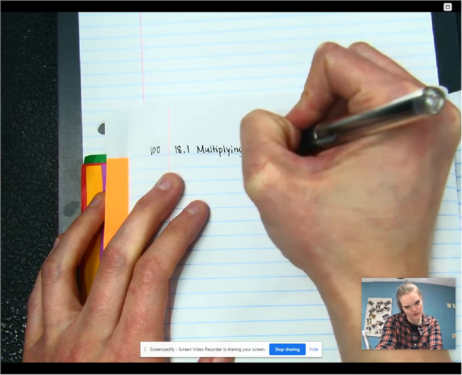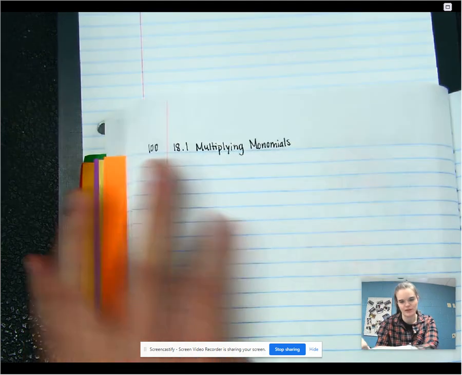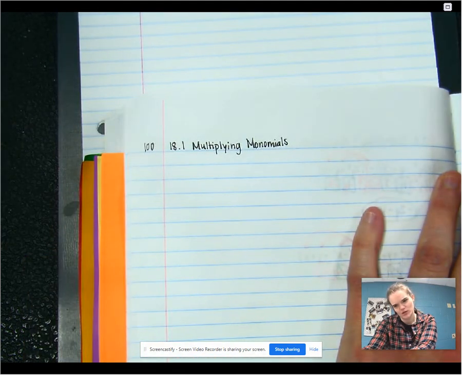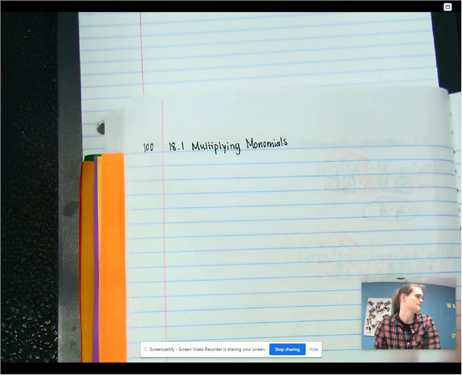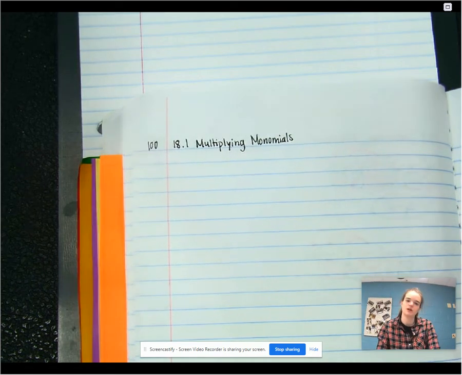And if you remember from 17.1, that just means when it has one piece going on. We're going to label 101 the same. So 101. All right, so let's go and get started multiplying monomials.